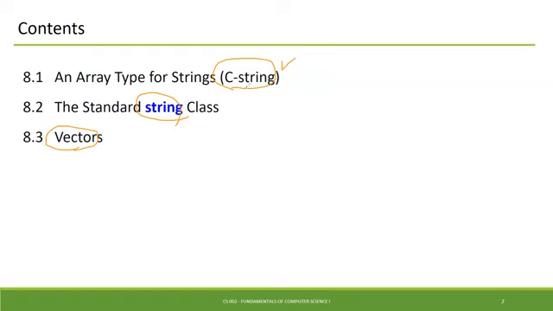Here, C string and string are the strings. A string is like a name. For example, you can do this: string name, Alice Lee, something like that. Look at this one: string is a data type, and actually string is a class.